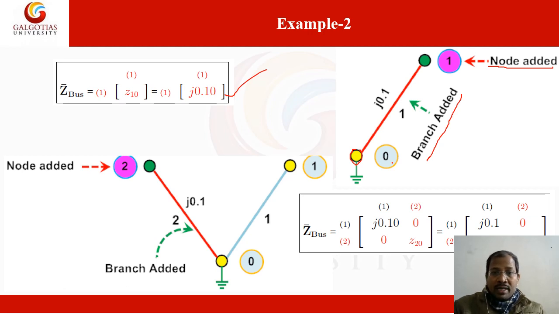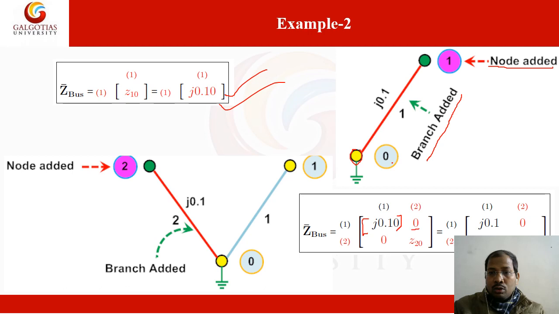Next you can see that bus 2 is added to the reference bus. The order of the ZBus will increase by 1, so we are getting 2 by 2. We have to get the original bus, which is nothing but this bus. So for the original bus, we are getting this Z, and we are adding bus 2 through the reference bus.